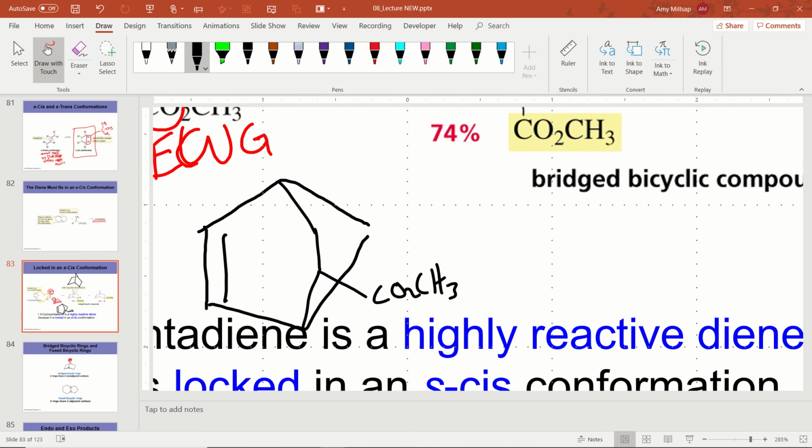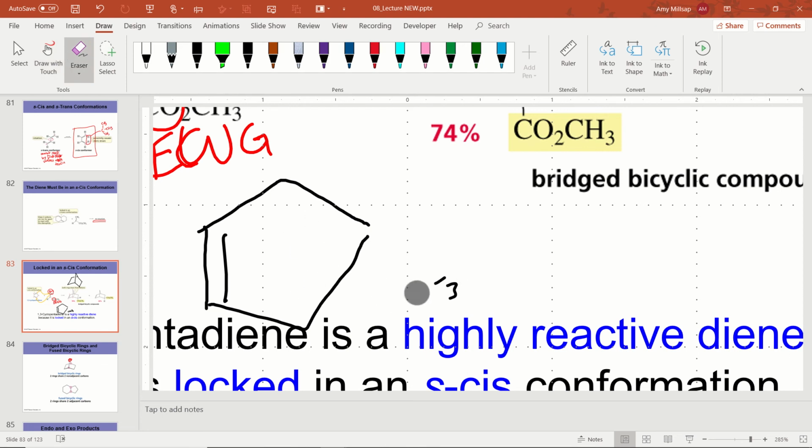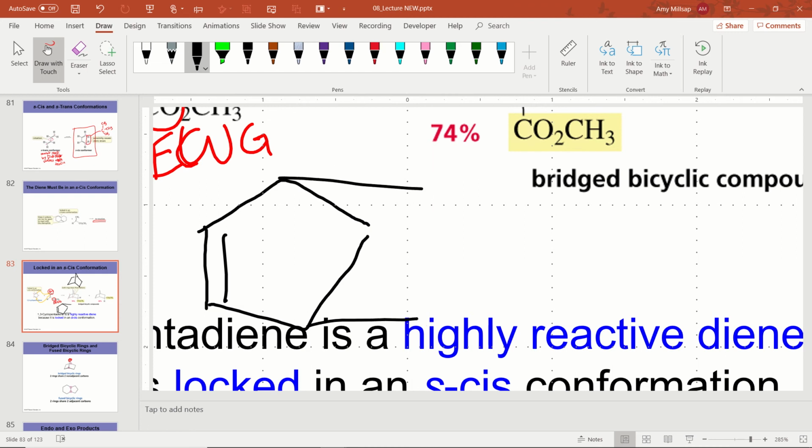So you have to decide which way is best for you. You could also draw it, which might be better, with keeping the ring where it is and then drawing really long bonds to your dienophile.